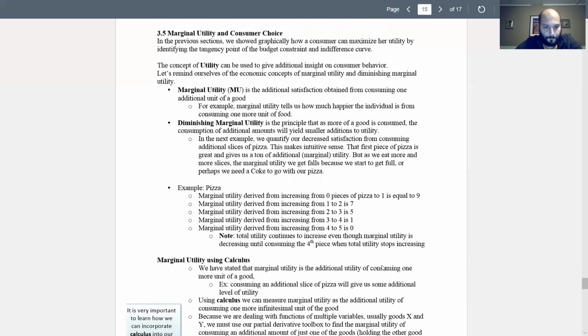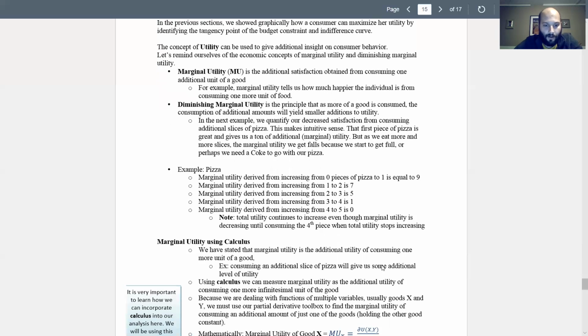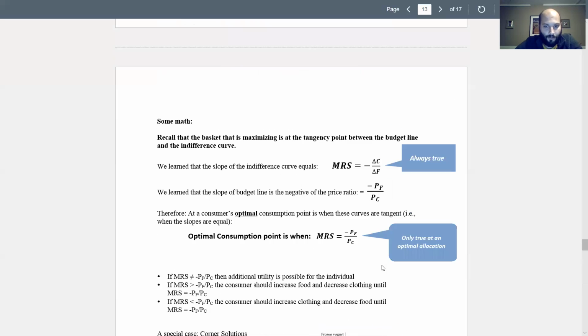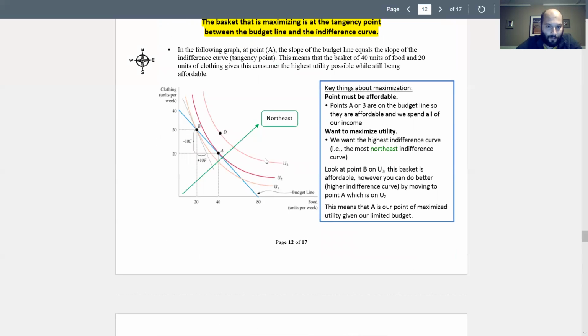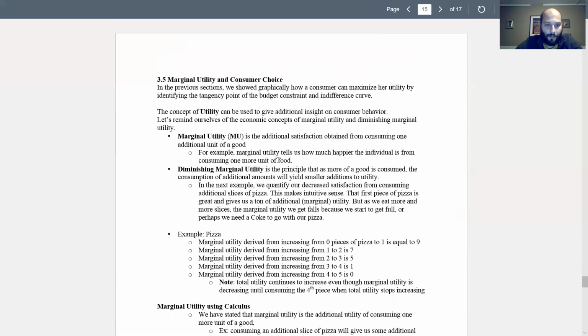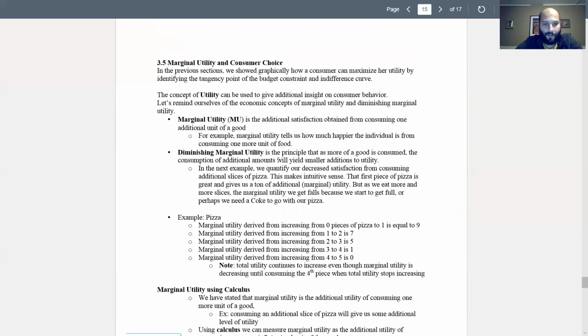If our indifference curves are convex shaped like this, it means that it's coming from a multiplicative function, which has what we call diminishing marginal utility, meaning that as you have more of a good, the marginal utility decreases.